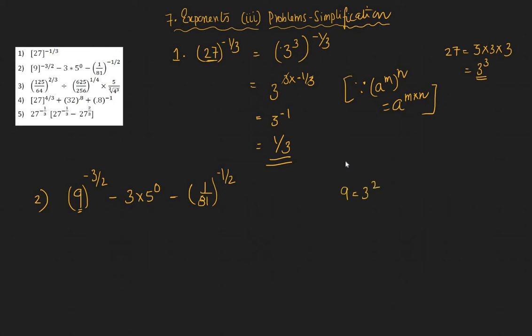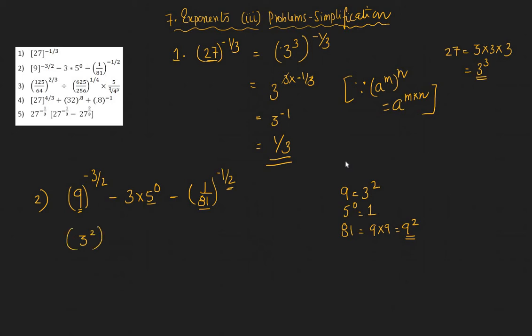We know that 5 power 0 is 1, and we know this 81 is nothing but 9 into 9, which is 9 square. And why do I say 9 square? Because here I have 2, so I know that I have to get something in the power of 2. So once you know all this, then you can substitute it over here.